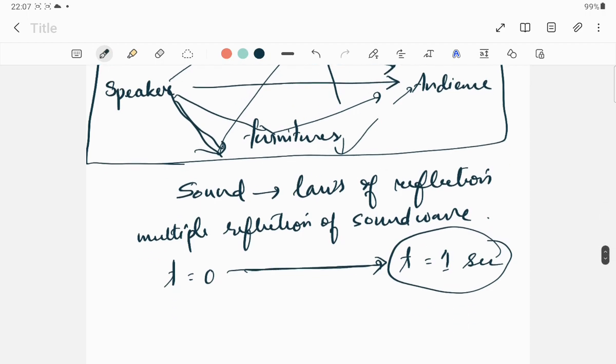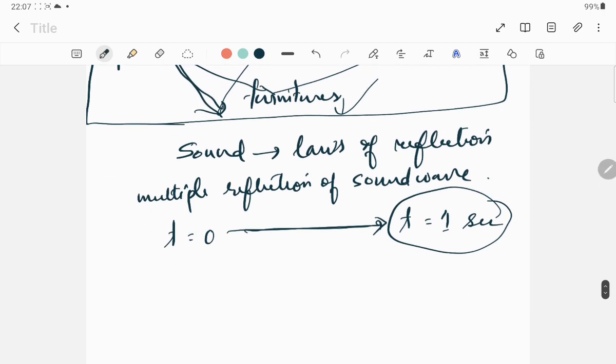The sound still remains inside the hall or the room or the conference hall even after the source has been cut off. This particular phenomenon is basically known as the reverberation of sound. So reverberation is nothing but the general dying out of sound with multiple reflections after the source has been cut off.